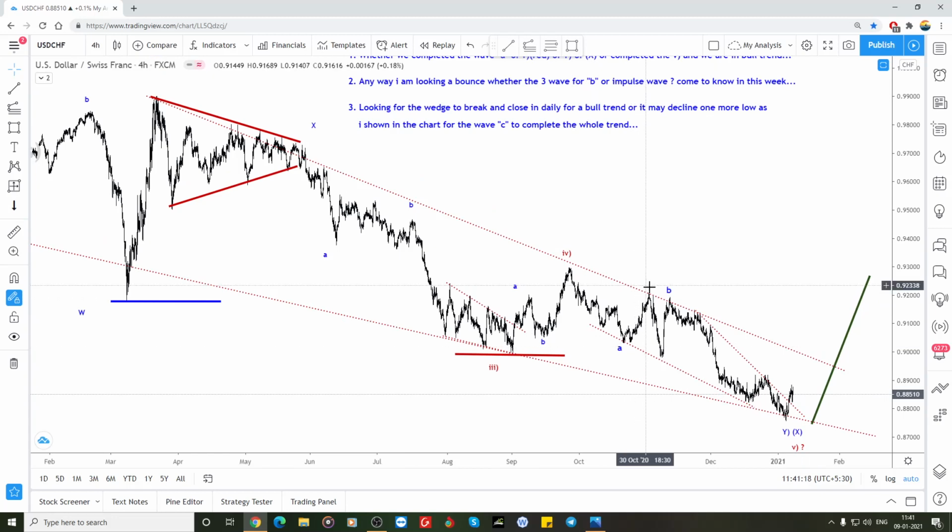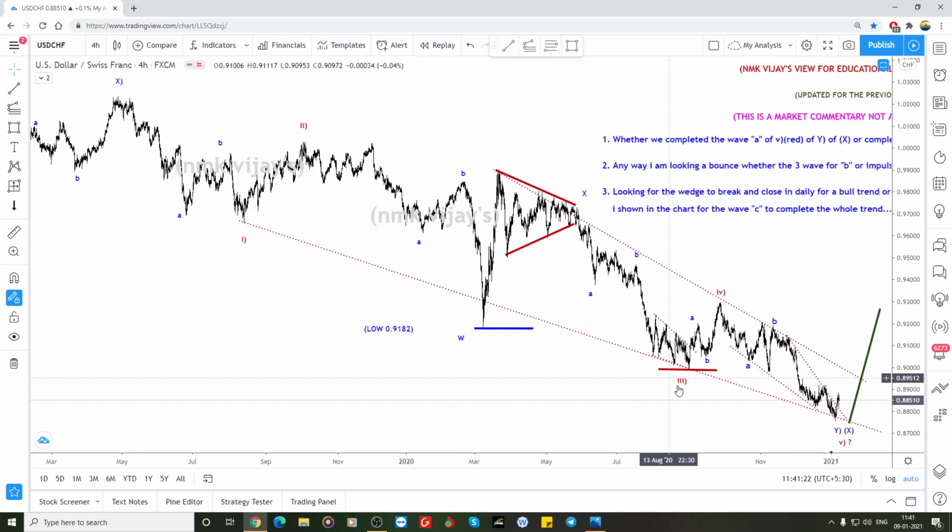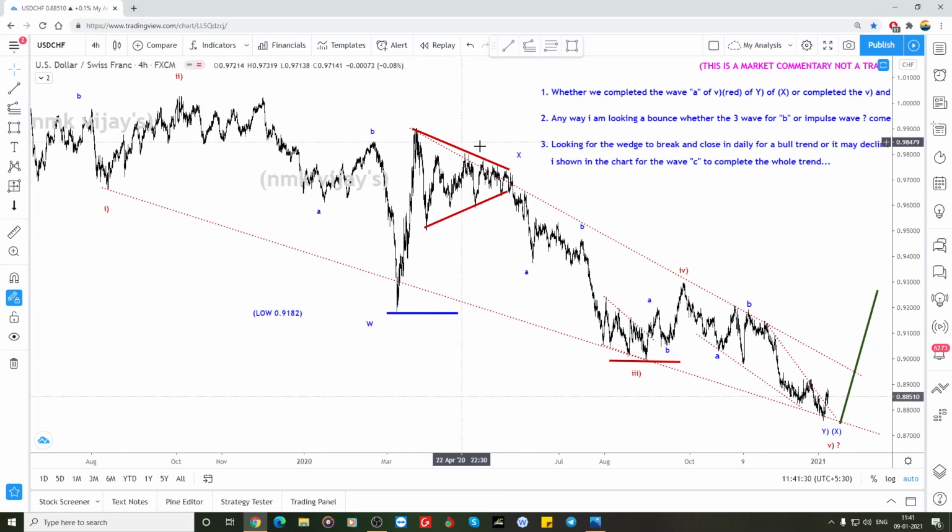Each wave here, ABC is the third. Here also it's extended. The third wave W, X, ABC, and this is a perfect example for that. A lot of people will take this as an impulsive wave, and this is a triangle, and one more wave to the upper side is also possible.